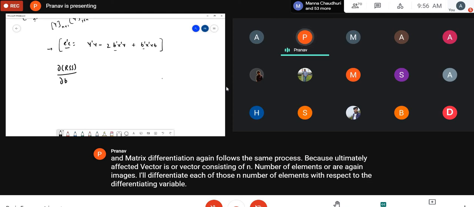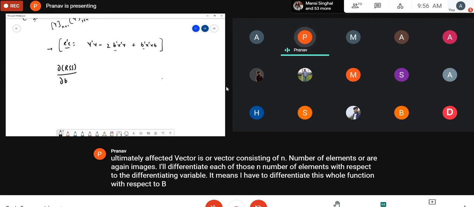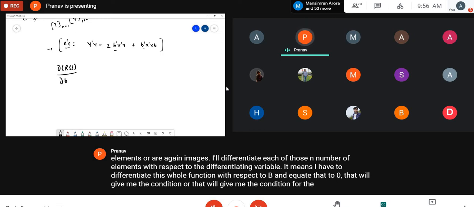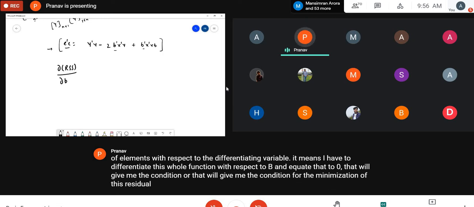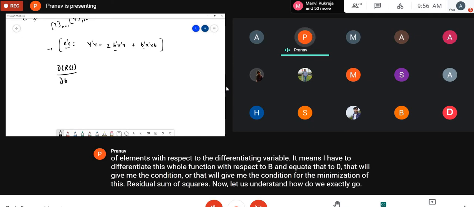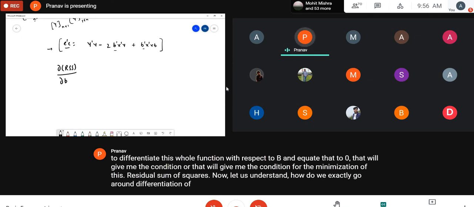It means I have to differentiate this whole function with respect to b and equate that to 0. That will give me the condition for the minimization of this residual sum of squares. Now let us understand how we go about differentiation of a matrix expression like this.